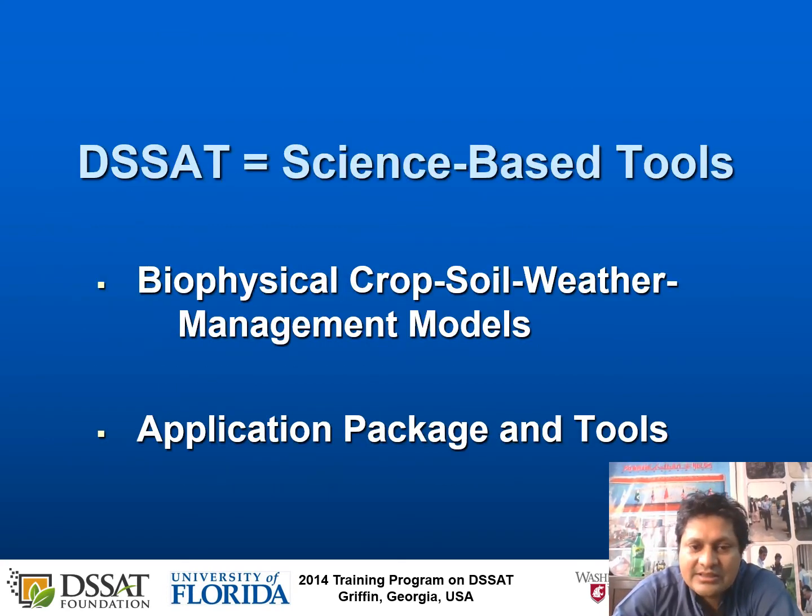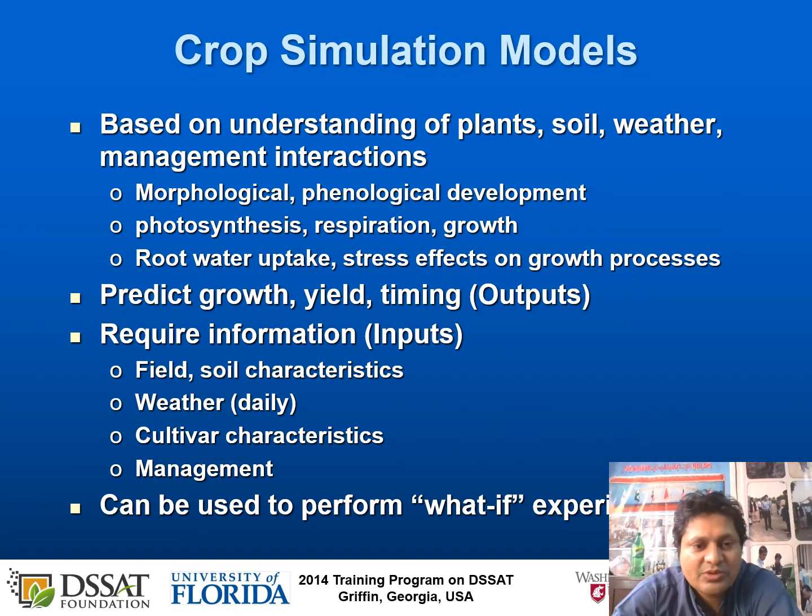DSSAT is a science-based tool, a biophysical crop, soil, weather, and management tool, an application package and tool. The crop simulation model is based on understanding of the plant, soil, weather, and management interaction, such as morphological and phenological development, photosynthesis, respiration, growth, root water uptake, and stress effects on growth processes.